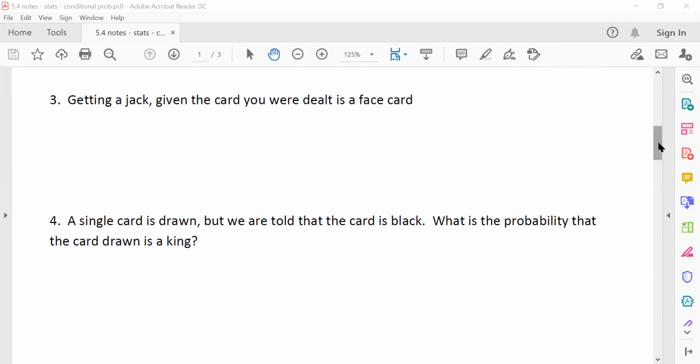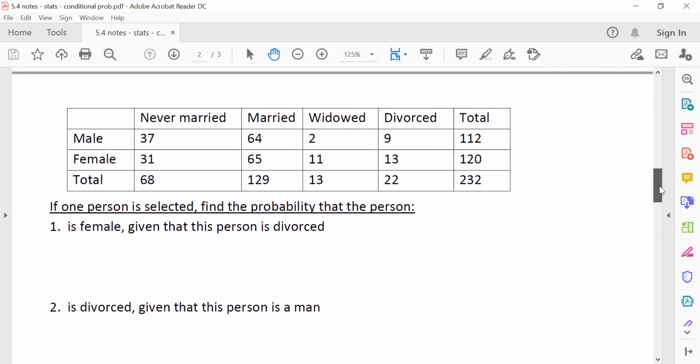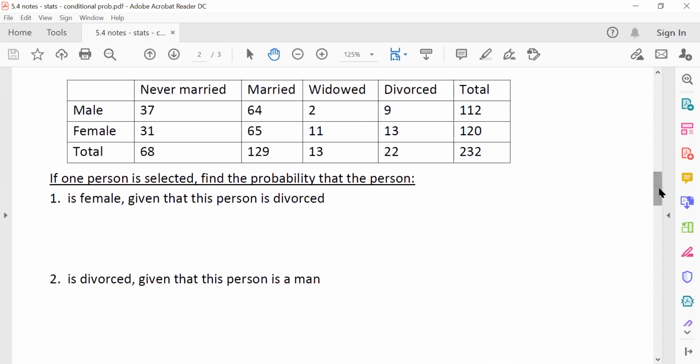So conditional probability, that formula seems a bit mysterious, but it's actually not as bad as you think. Now, one of the best places that we can look at conditional probability is in these kinds of 2-dimensional tables like this.